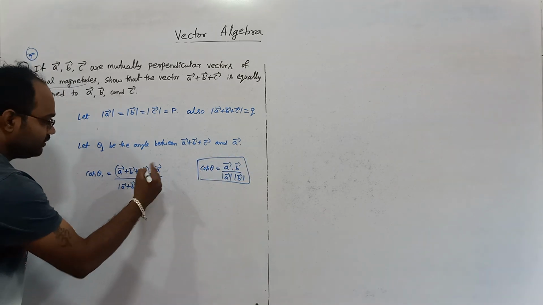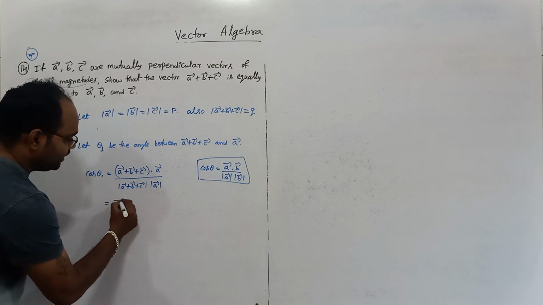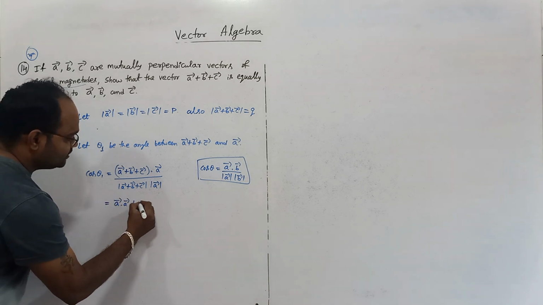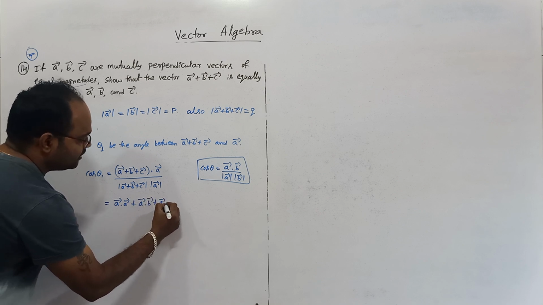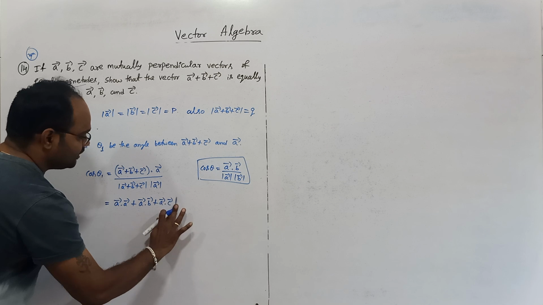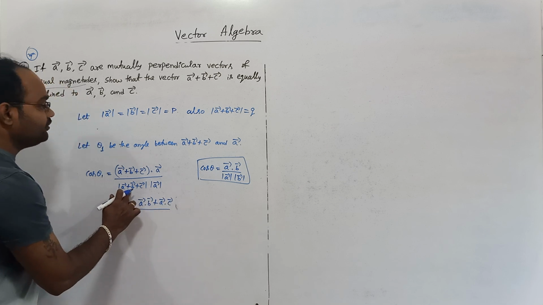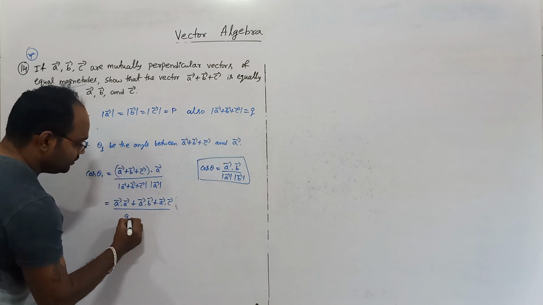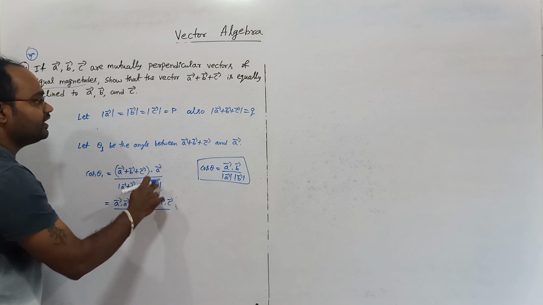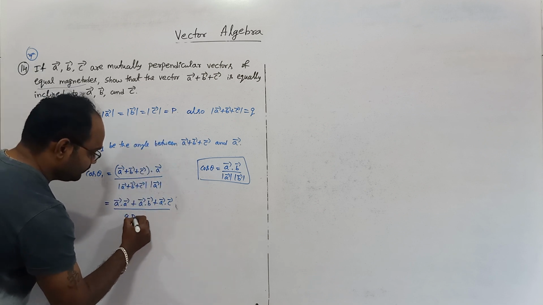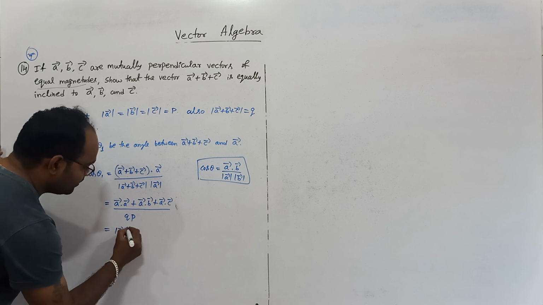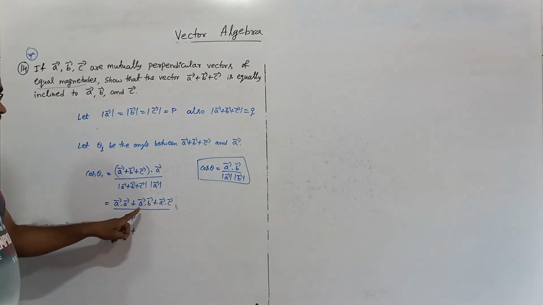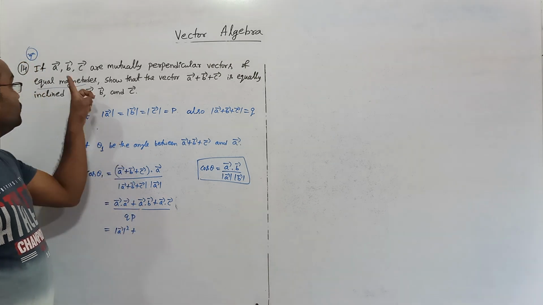Okay, now let us split. A dot A plus A dot B plus A dot C, divided by magnitude of A plus B plus C, which we took as Q, into magnitude A, which we took as P. So A dot A is magnitude A whole square, plus A dot B is 0 because they are mutually perpendicular.